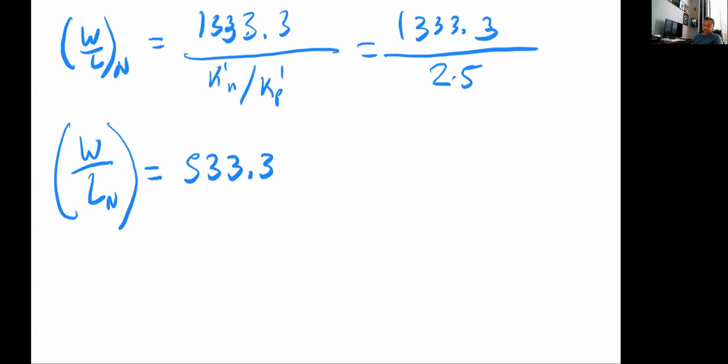So you can see that the N channel is much smaller than the P channel transistor, and that's to account for the fact that the P channel is weaker, so you have to make it larger. So that takes care of part A, and then part B says to specify the required value for mu. So that is essentially the gain of the error amplifiers, okay?